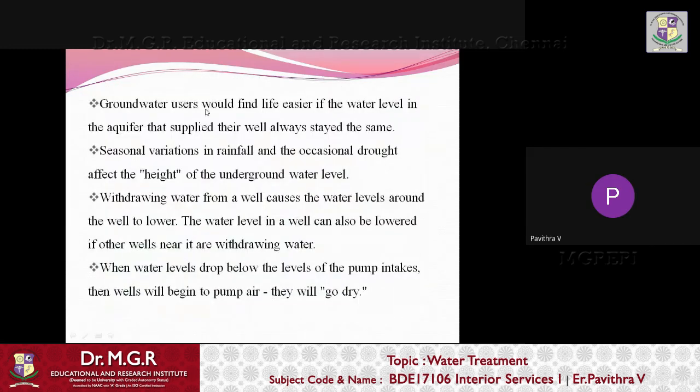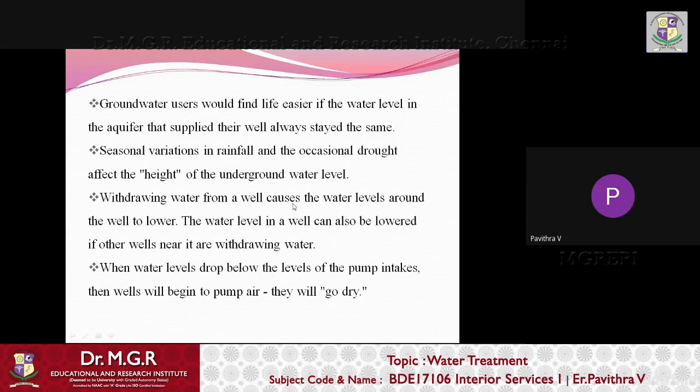The groundwater users would find life easier if the water level in the aquifer that supplied their well always stayed the same. If the water underground stayed the same, then it would be easy for you to get the pure water. Seasonal variations in the rainfall and occasional drought affect the height of the underground water level.